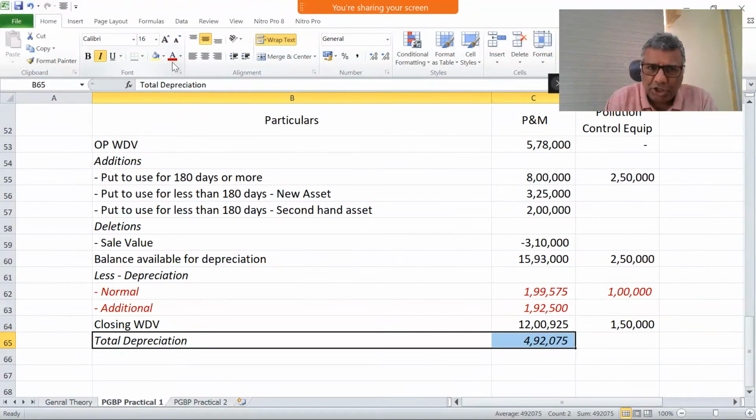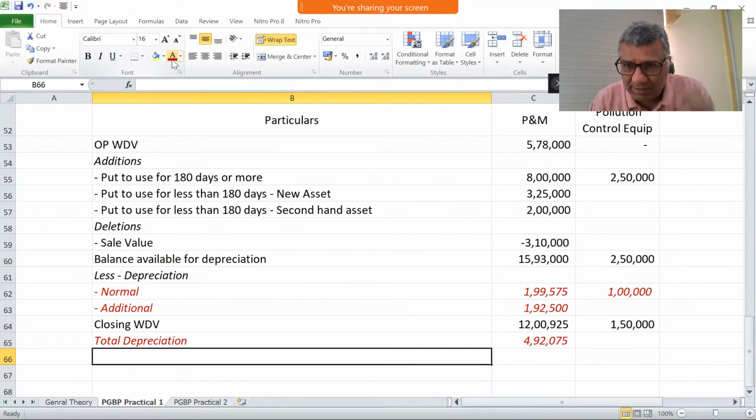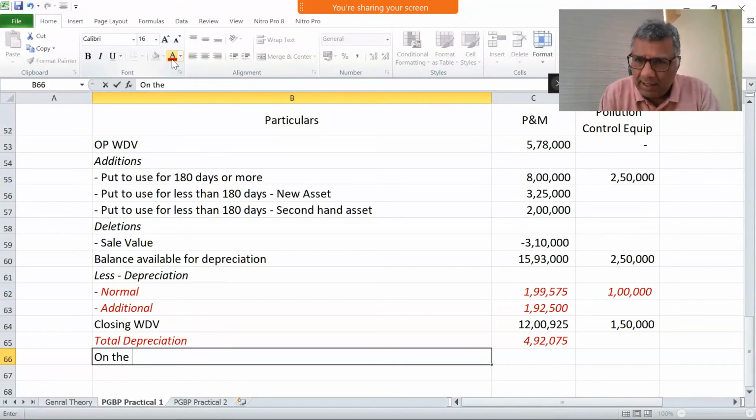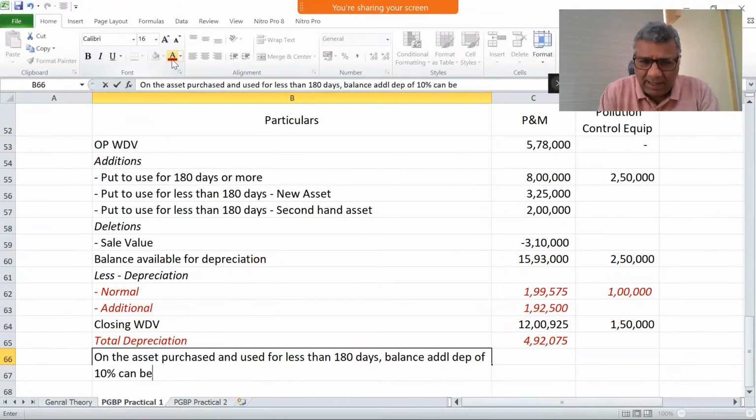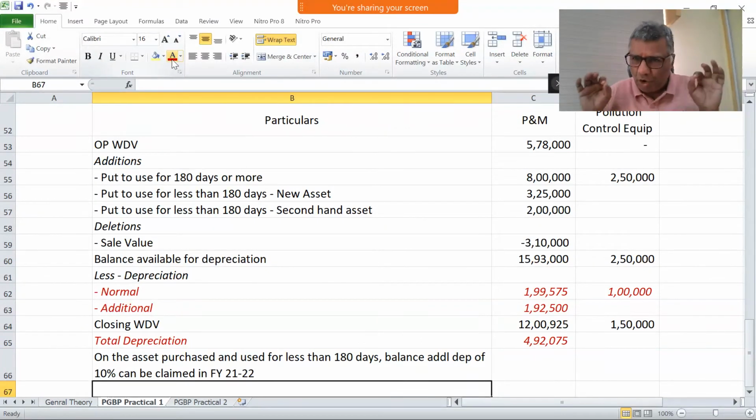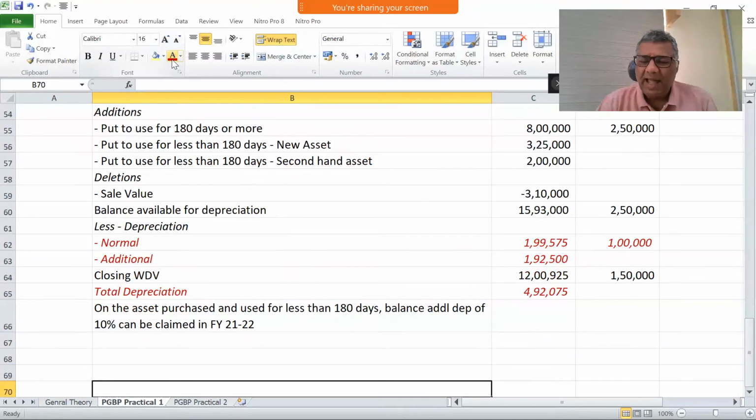Okay, 492. Now understand, in the last two questions I did not write this. Here I am writing so that we are communicating to the examiner: on the asset purchased and used for less than 180 days, balance additional depreciation of 10% can be claimed in financial year 21-22. If you write it and close, then the answer will stand tall, the answer will be better.